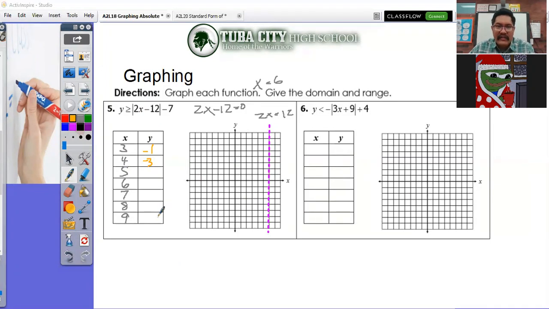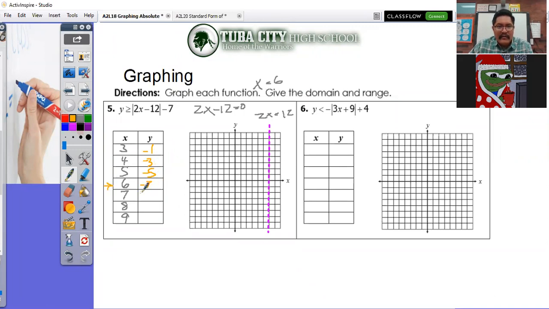So negative 2, take the absolute value, that'd be positive 2. 2 minus 7 is negative 5. Negative 7. And sometimes you can kind of see a pattern. Down 2, down 2, down 2.